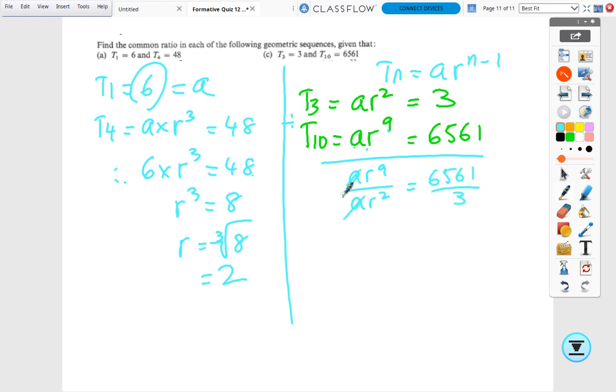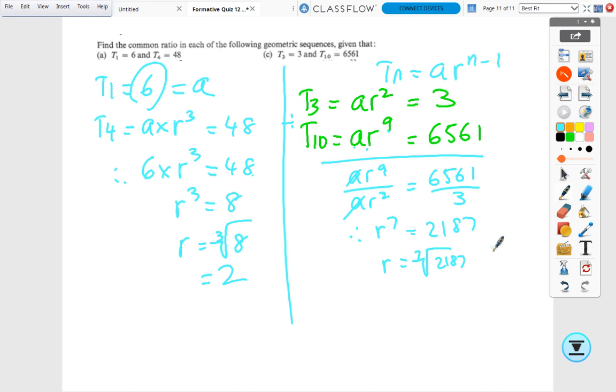The A's cancel out, and then 9 minus 2 is 7. 6561 divided by 3 equals 2187. So R to the 7 equals 2187, so R equals the 7th root of 2187.